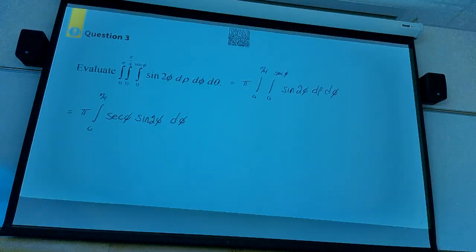Then what's your DU? Your U is cosine, what's your DU? Sine, or I guess negative sine. Is there a negative sine of phi? No. Is there a sine of phi d phi? Yeah. Where? Oh, sorry, no. It's sine of 2 phi. So that U wouldn't work.